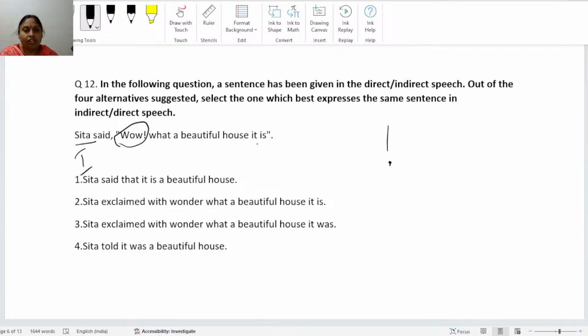Next, with what? Wonder. She is feeling excited. So exclaimed with wonder. What a beautiful house it is is supposed to be converted into the past tense. So instead of is, we will get was. So answer will be 3.